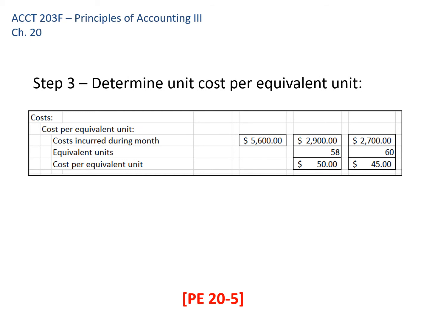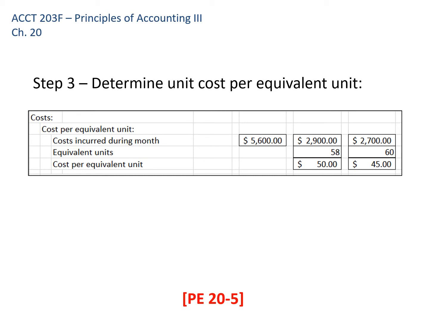So in keeping with our example here, the next section, I have cost incurred during the month, okay, and I can get that from my general ledger. So I incurred, the first column is total, the second column of figures is materials, and the third column is conversion cost. So I incurred $2,900 worth of material cost, and for that much money, I produced the equivalent of 58 whole units.